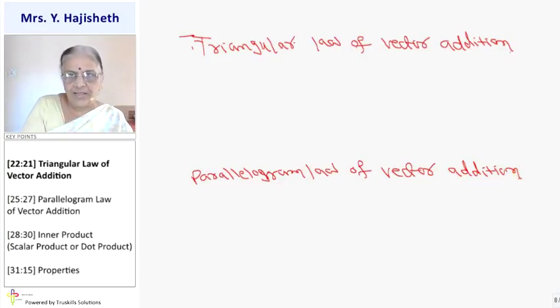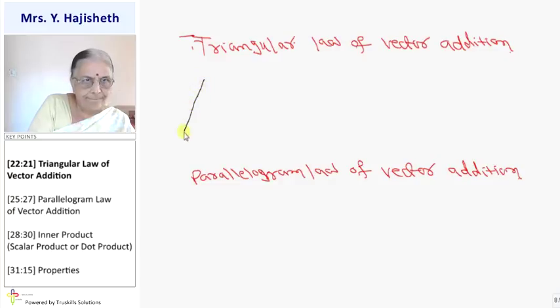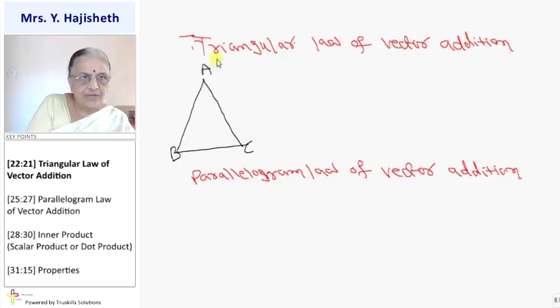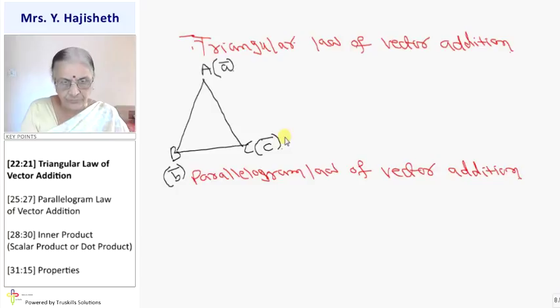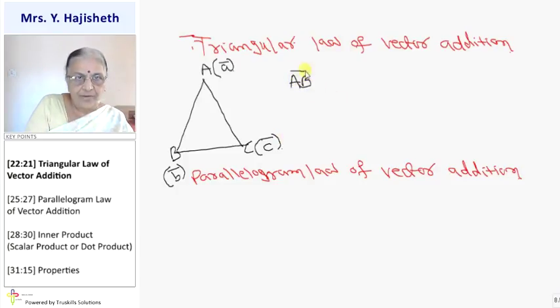Suppose you are given triangle ABC, okay? Position vector of vertex A is vector A, position vector of point B is vector B, and position vector of point C is vector C. Then we know vector AB plus vector BC plus vector CA is equal to क्या?